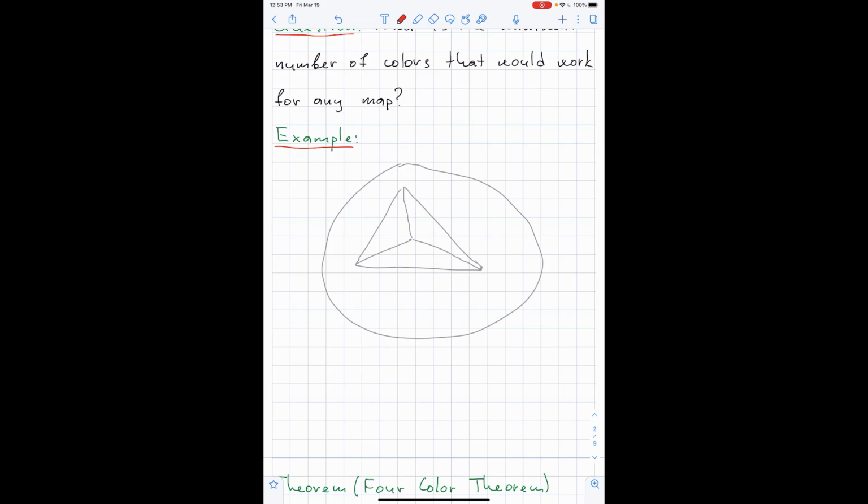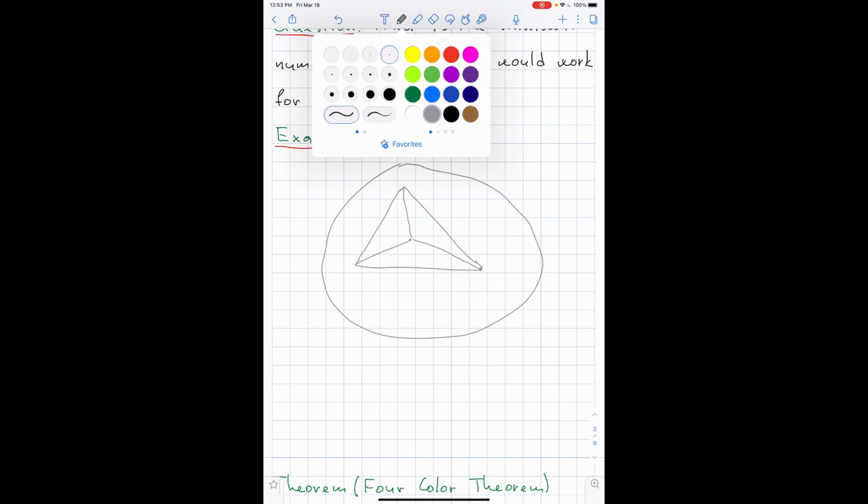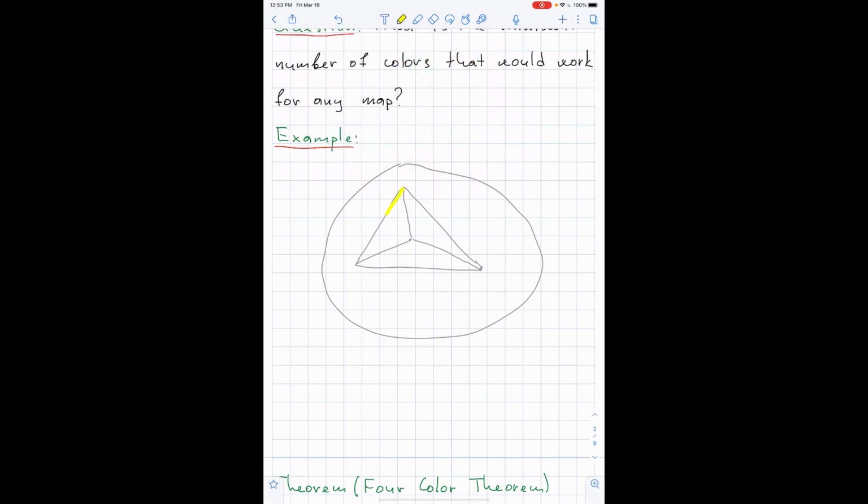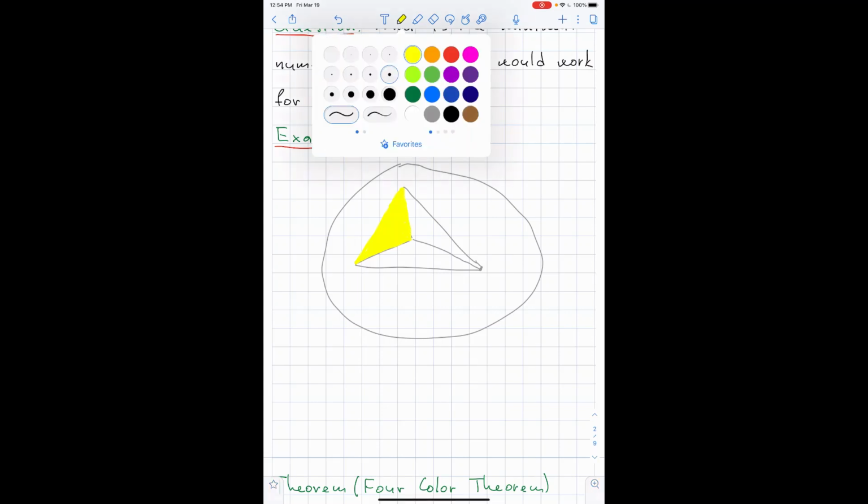Here we have 4 countries, located in such a way that every country has a boundary with every other country, which basically means that we can only use each color once. If I color one country in yellow, like I just did, that means that I cannot use yellow anymore. So I'll have to use other colors for the rest of the countries.